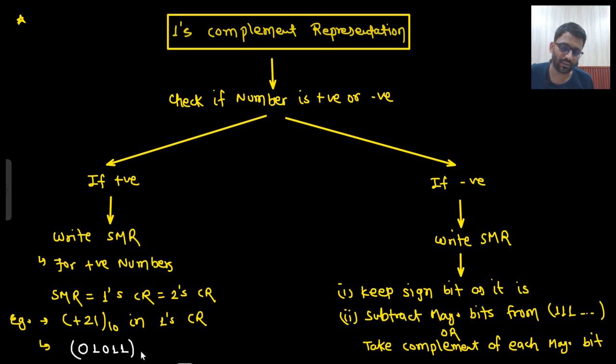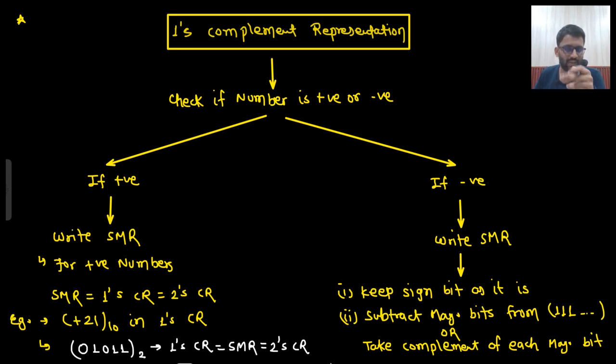That's it. This is your ones complement representation. So binary only I can write, and then I can say this is the ones complement representation. It will be the same as SMR, and even the 2's complement representation will be the same. So for positive numbers, signed magnitude representation, ones complement representation, and 2's complement representation are all the same.